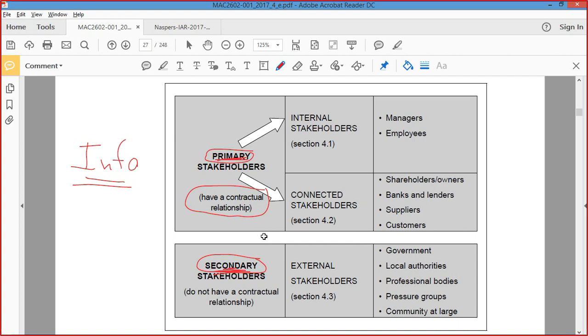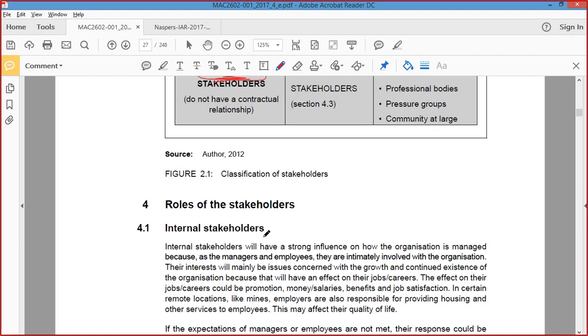But if something happens in the pool, those stakeholders in the pool, they're going to drown. So primary are people that actually have something to lose because there's an existing relationship, a contractual relationship. Secondary is when there's no contractual relationship, but there's influence. There's an effect. Something's going to happen. Is that okay?